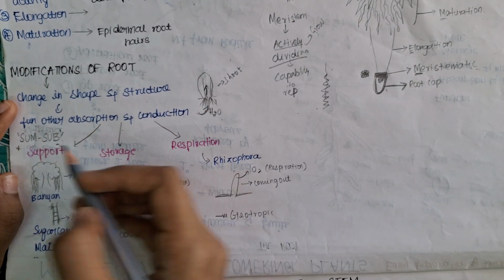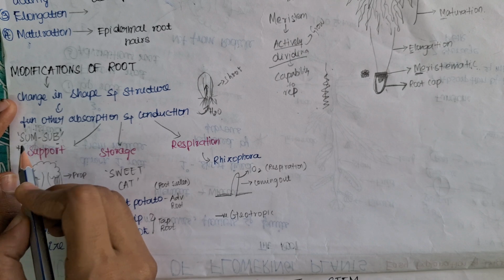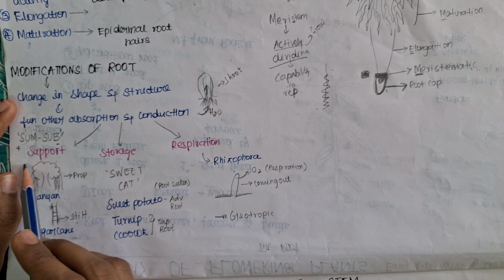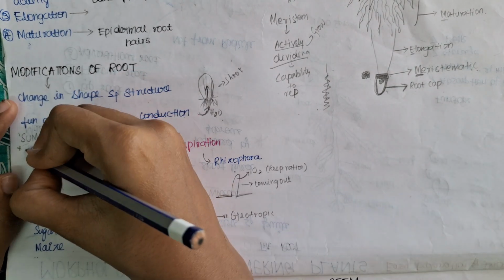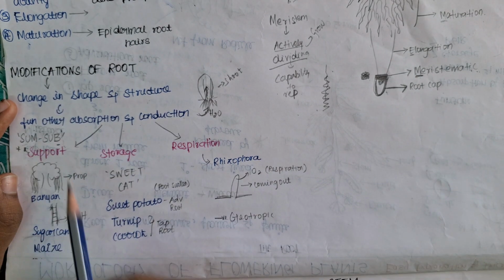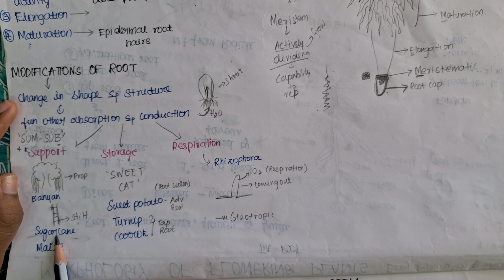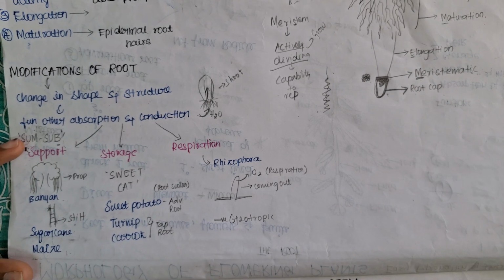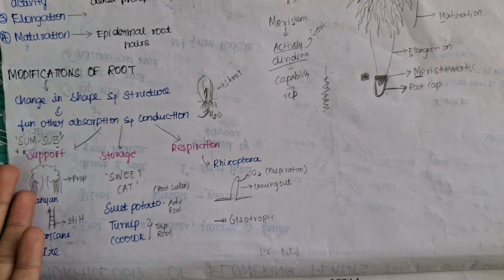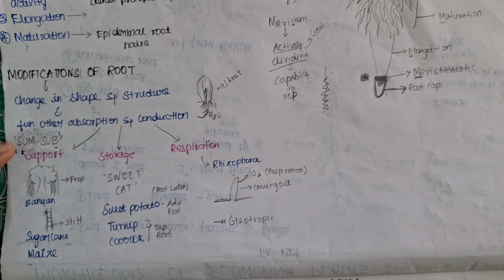So SUM is for support; the examples are there to remember the support. M is for maize, SU is for sugarcane, B is for banyan. Now you can easily remember the supporting roots, right? Sum is for support, M for maize, SU for sugarcane, B for banyan tree.